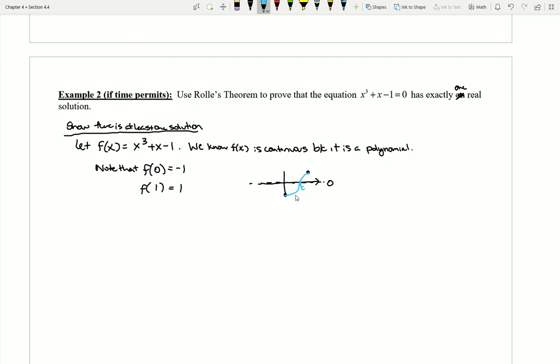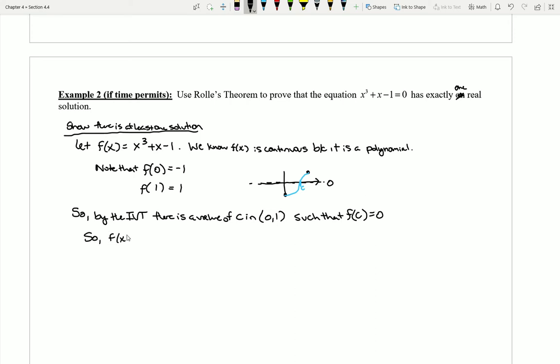If my function's continuous, then I have to cross this y value of 0 at some point. So, by the intermediate value theorem, there is a value of c in the interval from 0 to 1 such that f of c spits out 0.